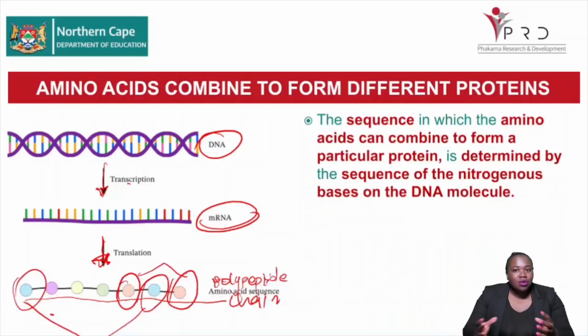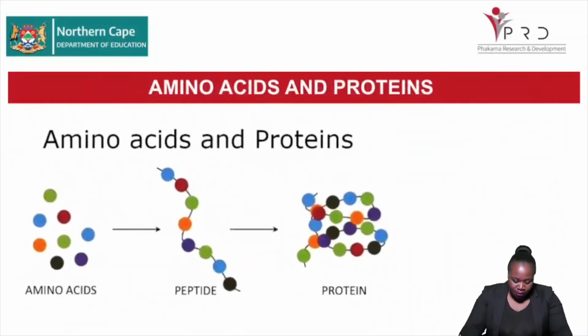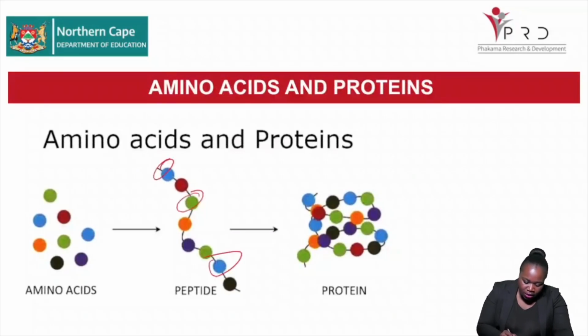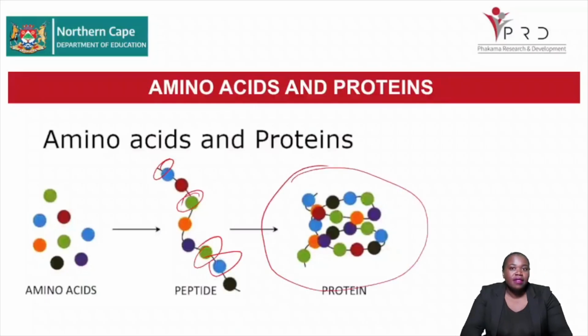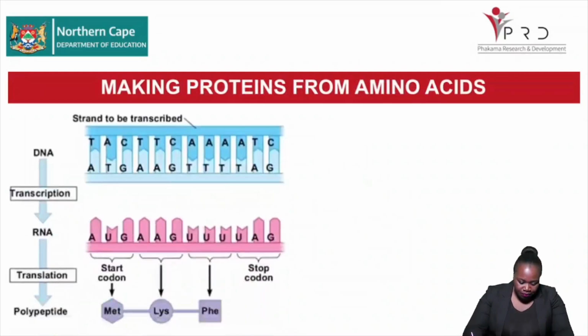So that they will contribute to the formation of that long chain of amino acids, which would then form a protein. So we can see the amino acids there, they form that peptide. Again, the amino acids are repeating, and then eventually we will have that protein that is made up of a large number of amino acids.